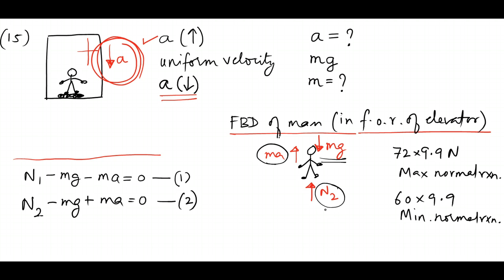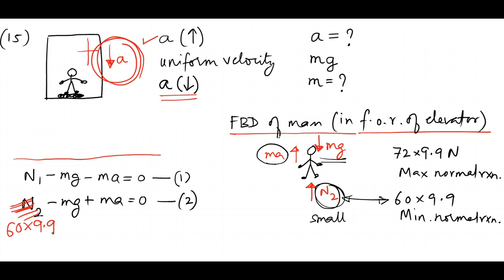In other words, N2 can afford to be small because ma is helping it, and that's why N2 is going to be the minimum normal reaction during the entire motion. And so what I'll do is to substitute for N2 in equation number 2.